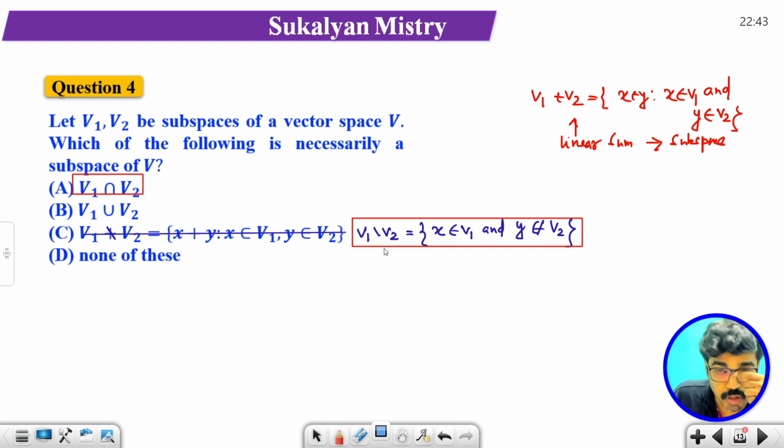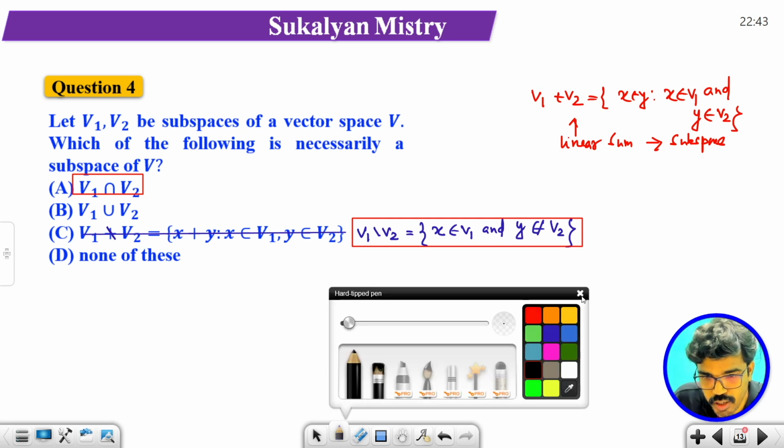V1 minus V2, this is a set difference. X belongs to V1 but Y does not belong to V2. Why is this not a subspace?